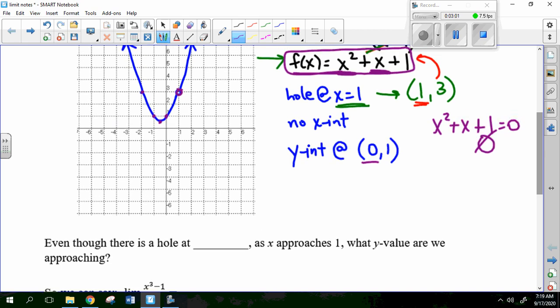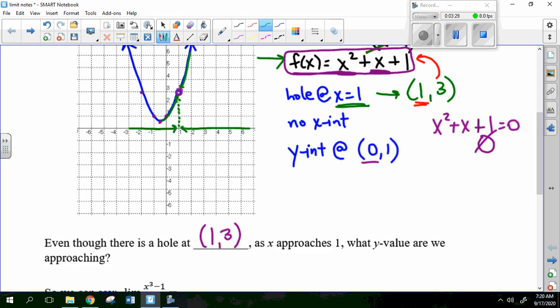Even though there's a hole at (1, 3), I want to know what happens as x approaches 1. Here's x equals 1, as I come into that x value. But again, I have to be on the curve. That's not supposed to be an asymptote or anything.